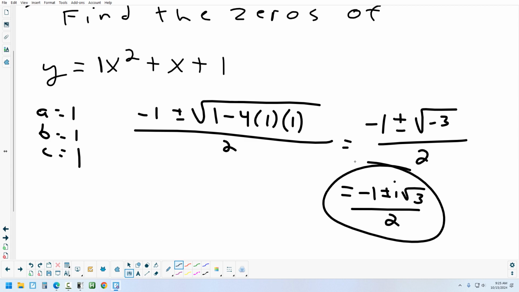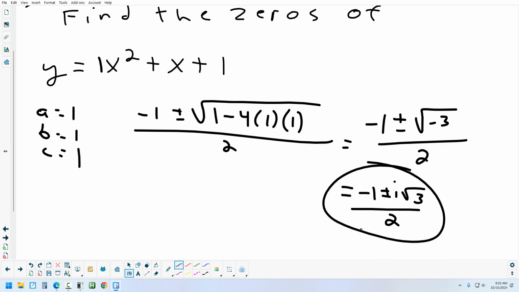So now that we know those are the roots to this problem, does that mean if I write that number comma 0, it would be the x-intercept? Because usually when you write the root comma 0, that's your x-intercept. No. Why not? Because it's plus or minus, right?